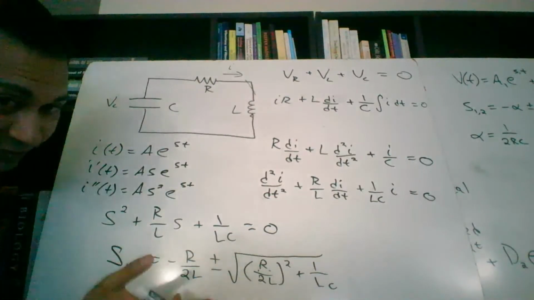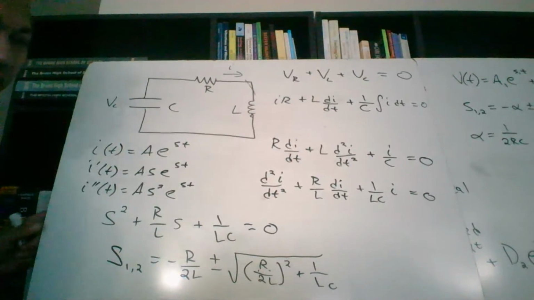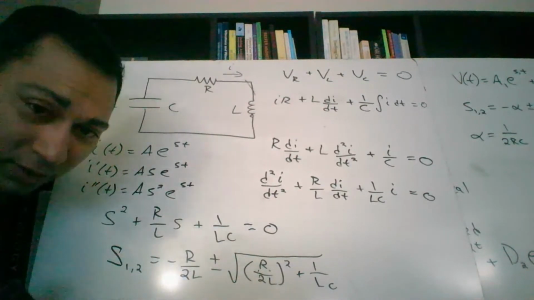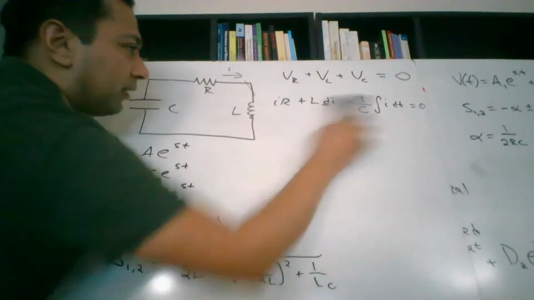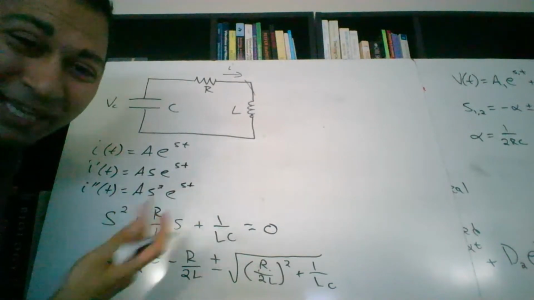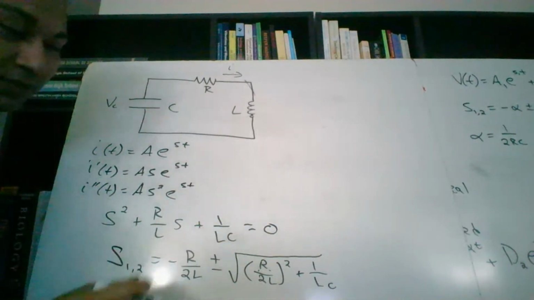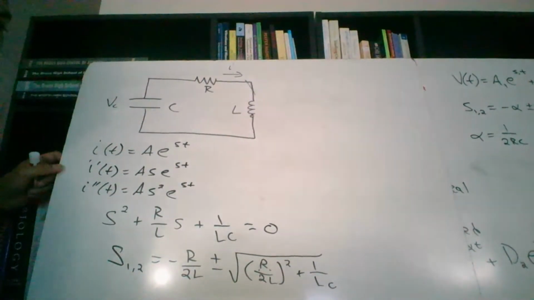This is almost similar to the parallel case, but a few things are different. And so 1 over LC is still our natural frequency. That didn't change, because the natural frequency doesn't depend on the resistance. It doesn't matter what you do. The natural frequency is just between an inductor and a capacitor.